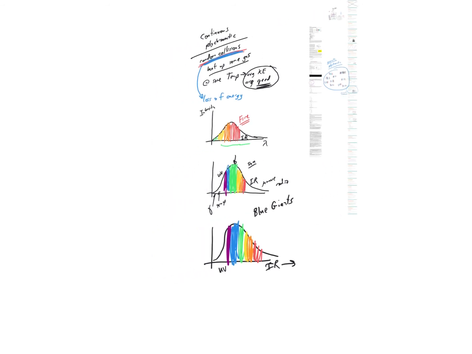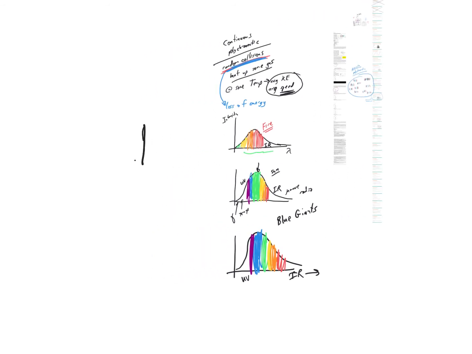This is also what happens when you're measuring your temperature. With that little thermometer that you point at your forehead and you click a button and it just tells you. What it's doing is it's reading the output of different colors coming from your head.